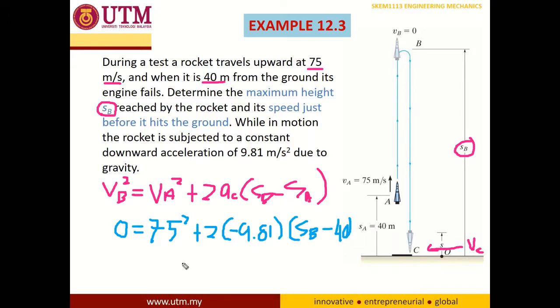Then if we solve it, we should get about 327 meters. That is the maximum height it can reach after the engine fails at 40 meters. Secondly, we have to find the velocity just before it hits the ground.